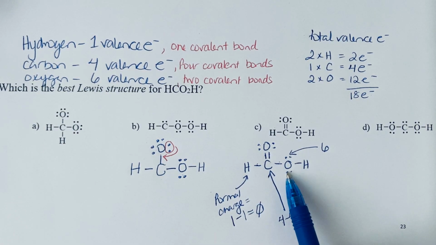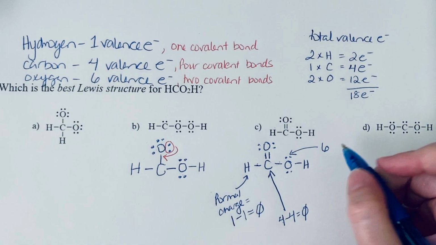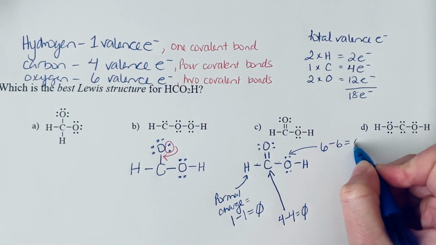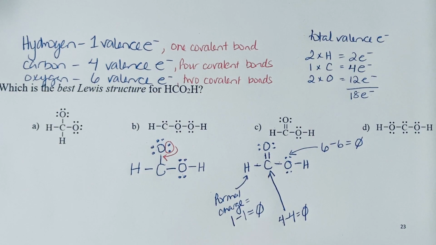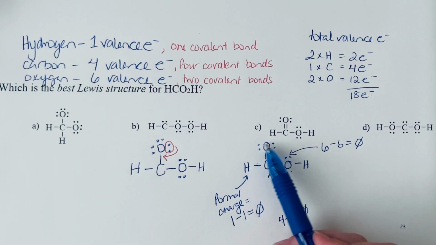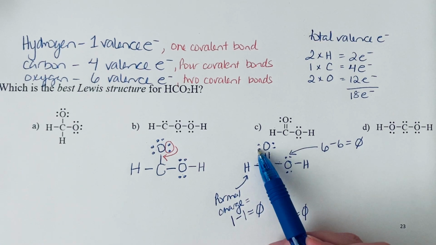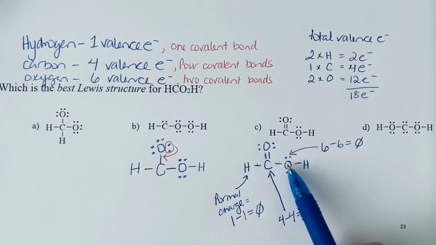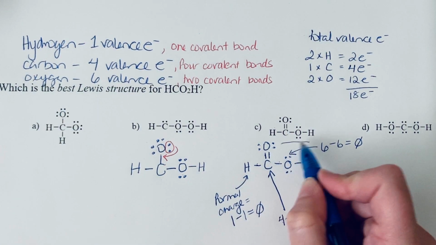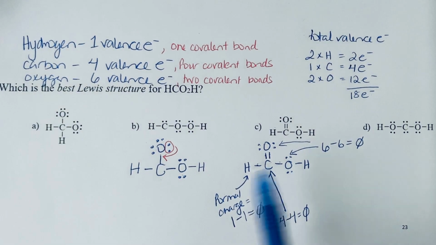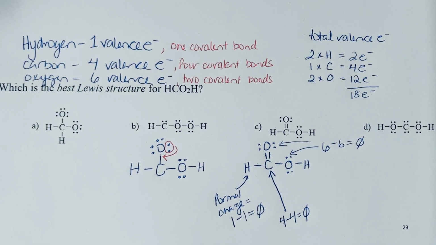So 3, 4, 5, 6. We have 6 electrons belonging to that oxygen. So that has a formal charge of 0. And this oxygen actually has the same bonding pattern. It looks different, but we see 2 covalent bonds, 2 lone pairs, the same as this oxygen. So that's also 0. So this structure has the correct number of valence electrons, all the octets are satisfied, and we don't have any formal charges.